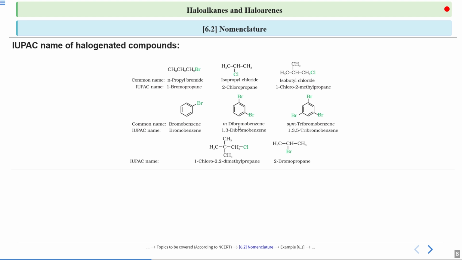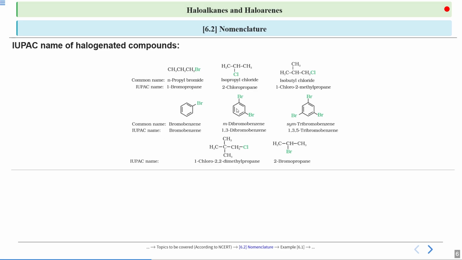So you can ask that if one position of bromine is classified as the meta position, how do you identify the other from the name? The name has dibromo, that means 2 bromines will be present. So if the position is not specified in the common name, that means it is going to be present at the first position. Okay. So meta-dibromo, and di means two bromines, one is at meta and one is at the first position. So meta-dibromobenzene.